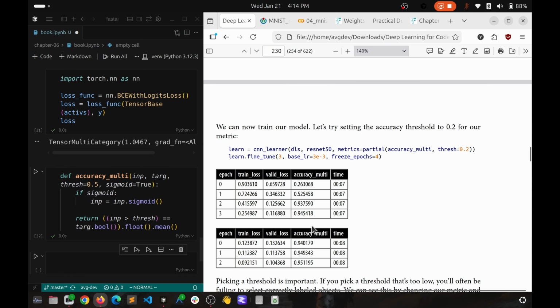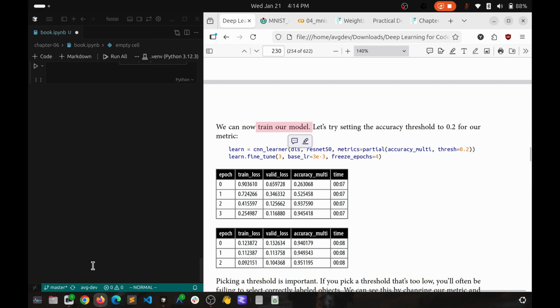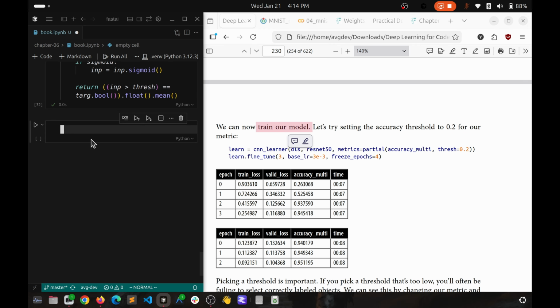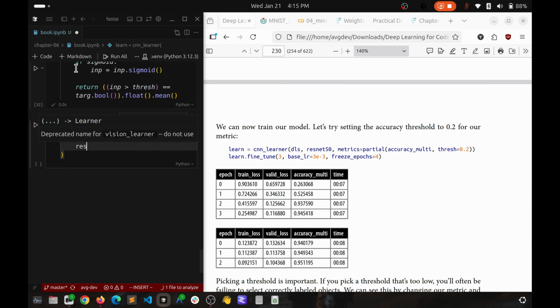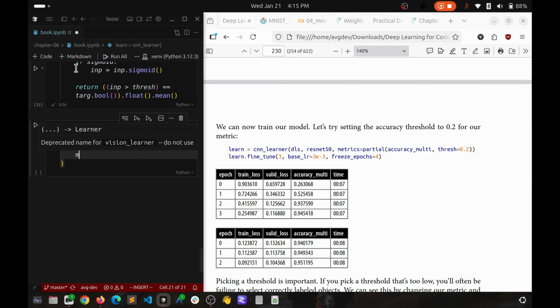Okay, so we can now train our model. Let's try setting the accuracy threshold to 0.2 for our metric. Ooh, exciting. Let's do it. So the code here is going to be learn equals cnn_learner. We're going to pass in our data loaders, resnet50, ooh, a big one.